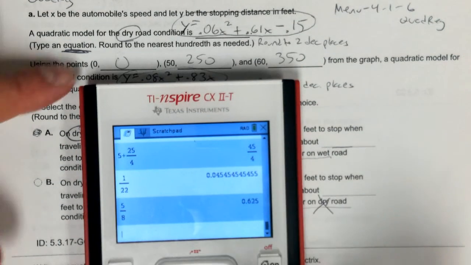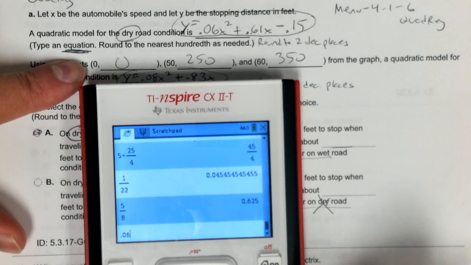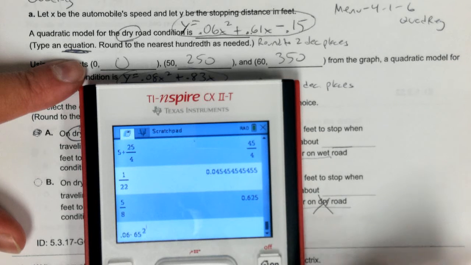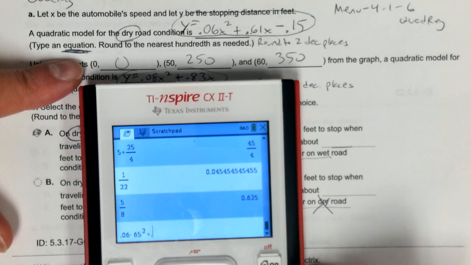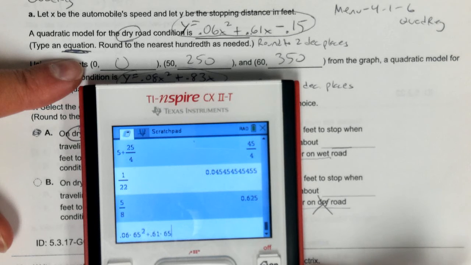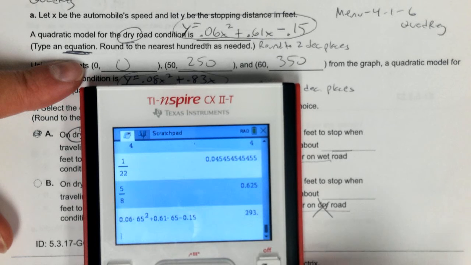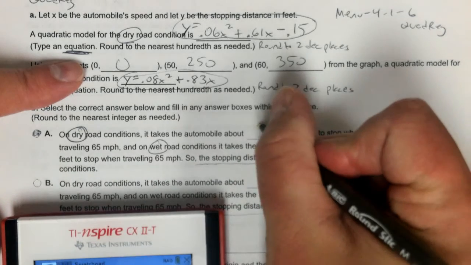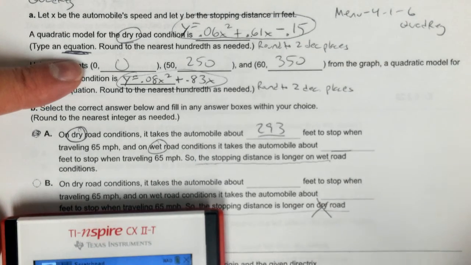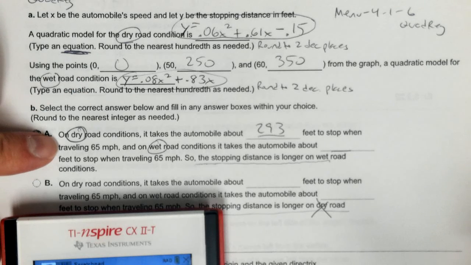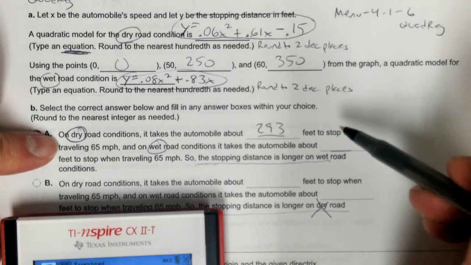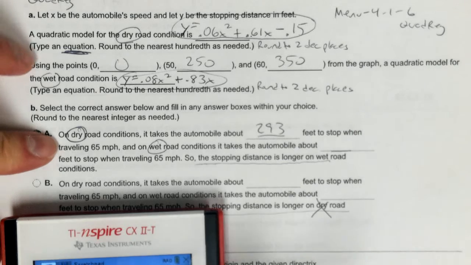So 0.06 times 65 squared plus 0.61 times 65 minus 0.15. That gives you 293 feet to stop. So if you're going 65 miles an hour, it takes about 300 feet to stop when it's dry.